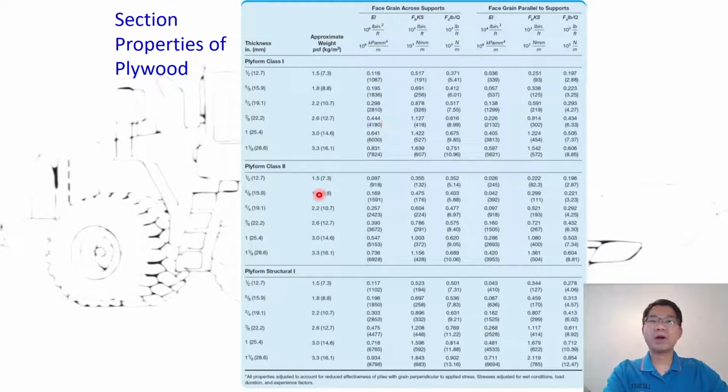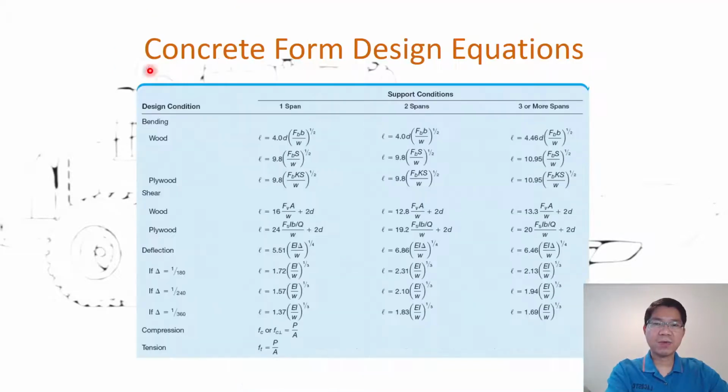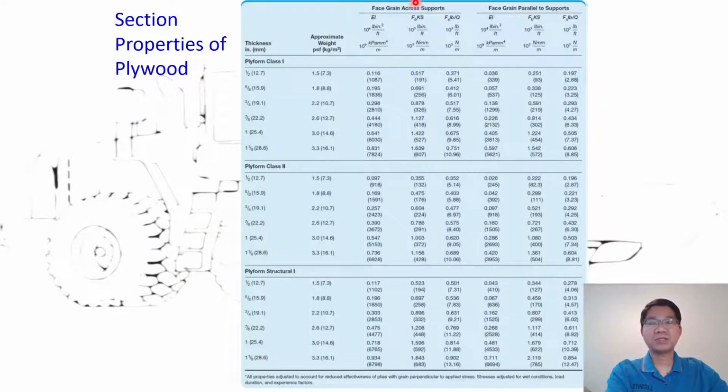So for the different plywood you can see here what the section properties should be, so that you can go back, if it is plywood, not lumber, in this table. We can go back and apply the plywood to this equation with different section properties of the plywood. It depends on the thickness, as you can see here, and what class of the plywood form it should be.